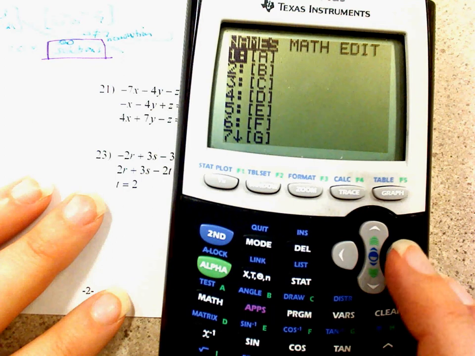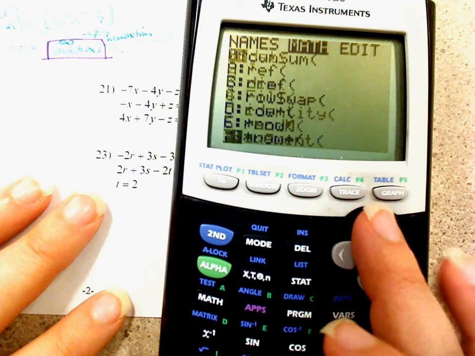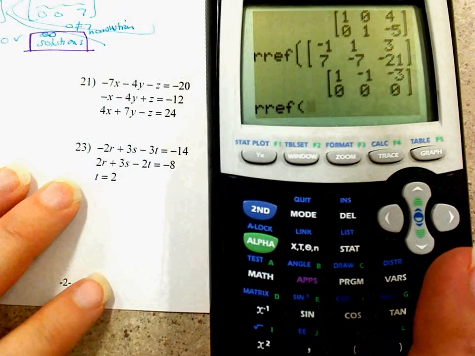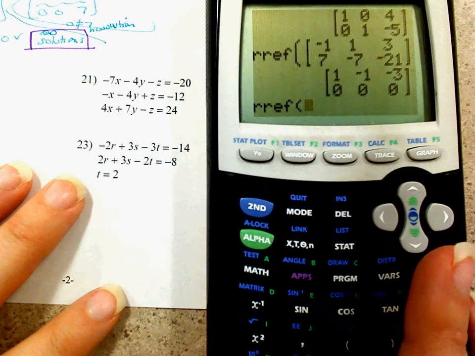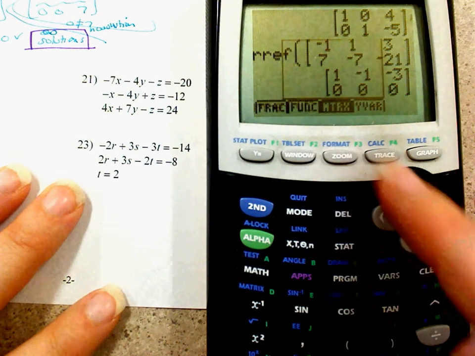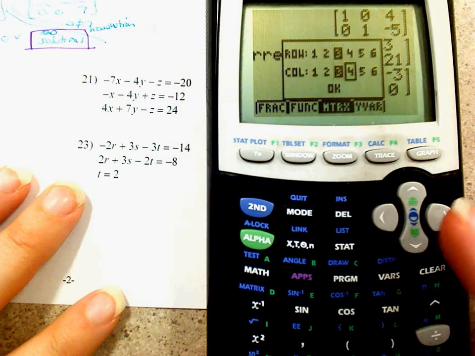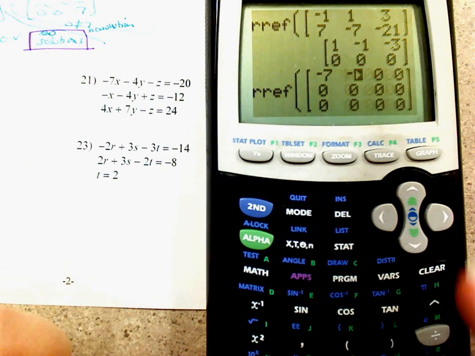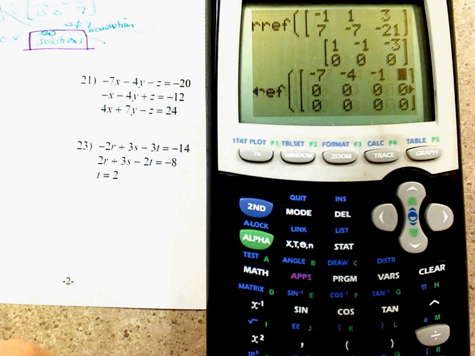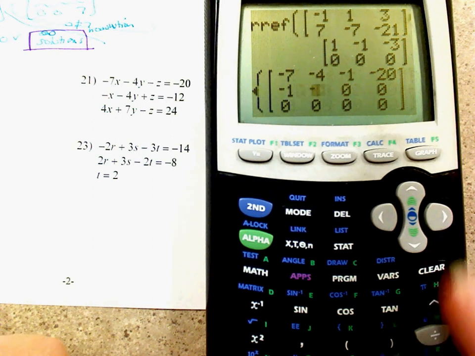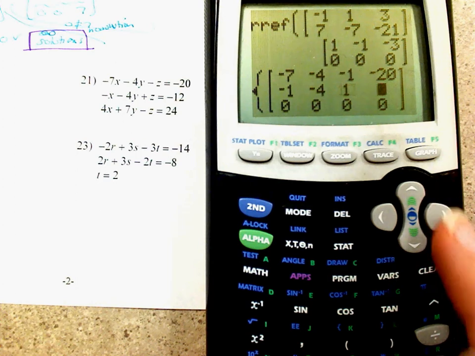RREF. Is this a 2 by 3? No, it's a what? 3 by 4. So alpha zoom. Okay. Negative 7, negative 4, negative 1, negative 20, negative 1, negative 4, 1, negative 12, 4, 7, negative 1, 24.